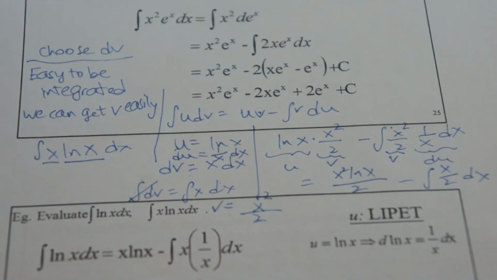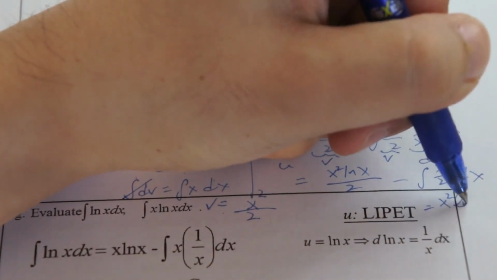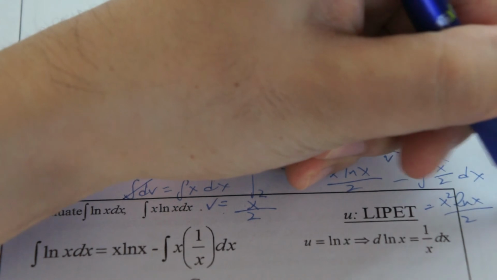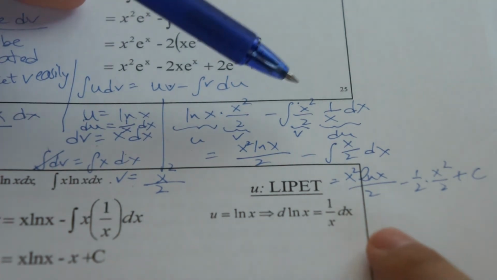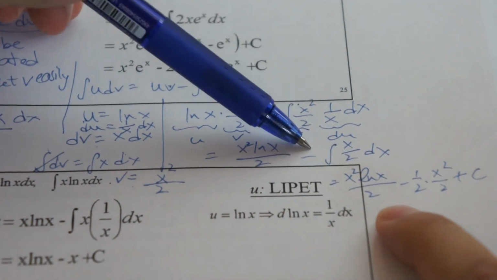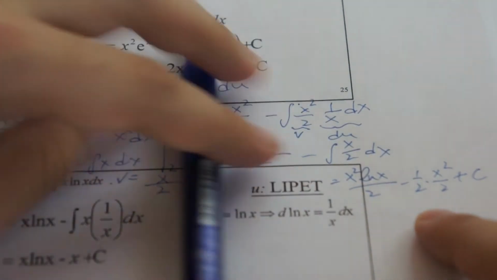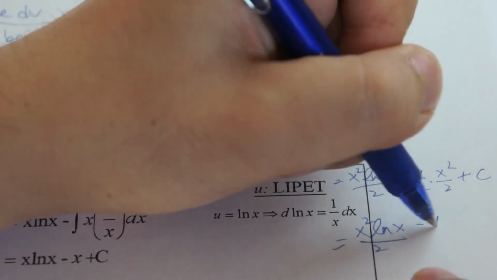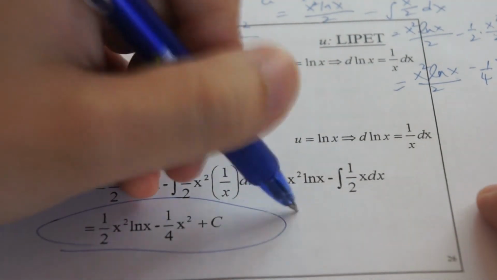Then you still need to integrate this one: copy the first term, and then integrate this part. This 1 over 2 comes from taking out 1 over 2, and then you integrate x to get x squared over 2. So finally we have x squared ln x over 2, minus 1 over 4 times x squared, plus a constant. Okay, and in fact this is completely the same as this example.